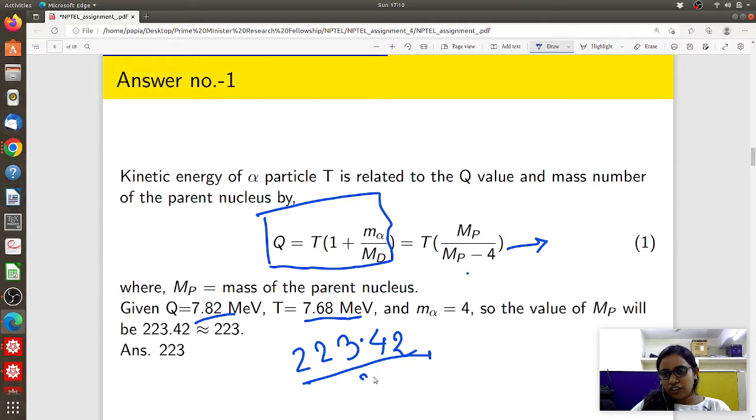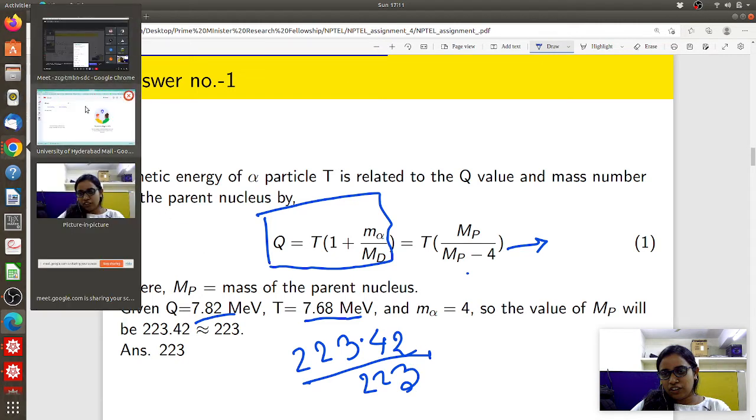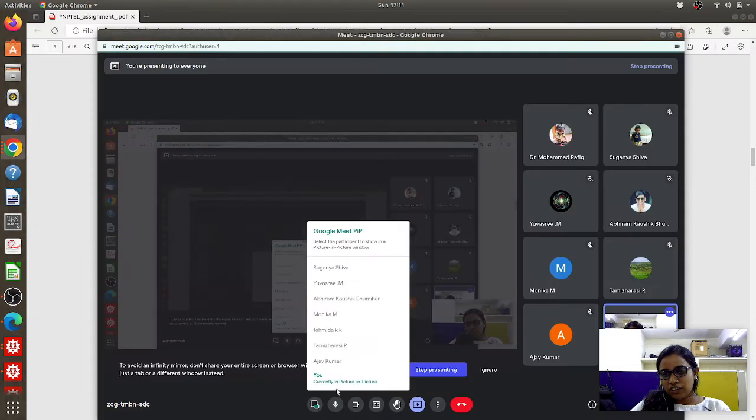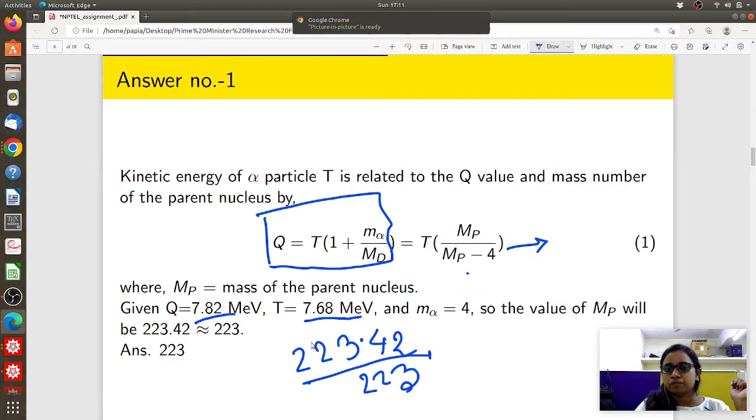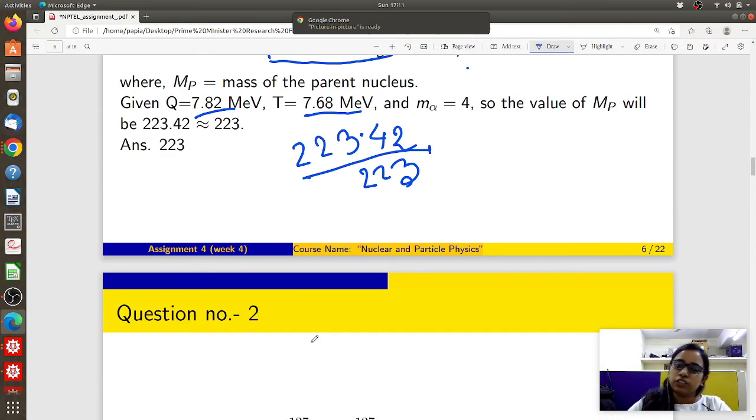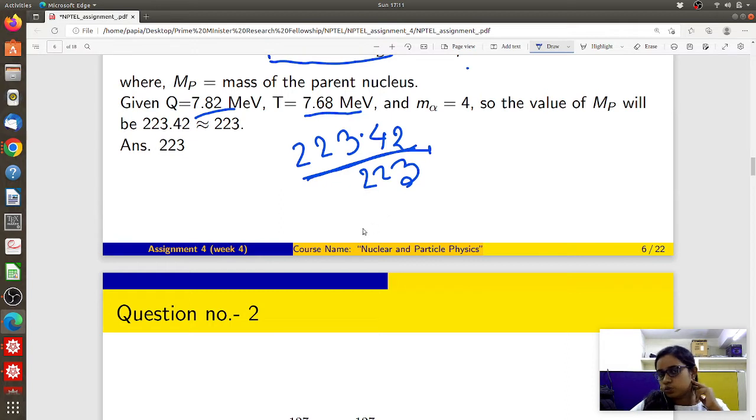So the answer will be 223, the nearest integer to 223.42. So the mass number of the parent nucleus is 223. So this is about the first question.